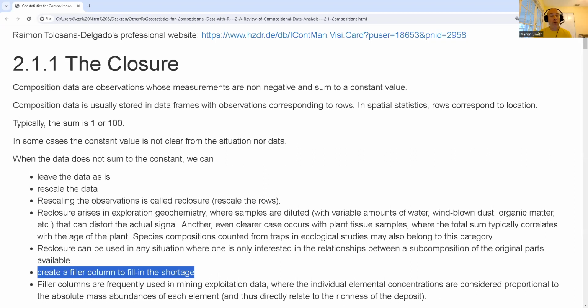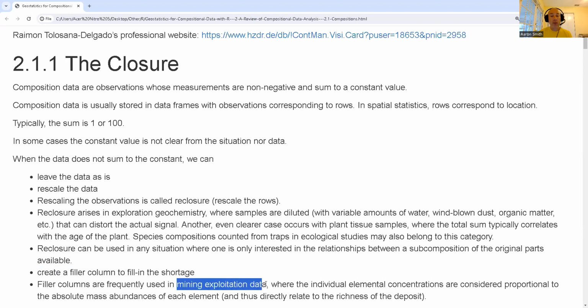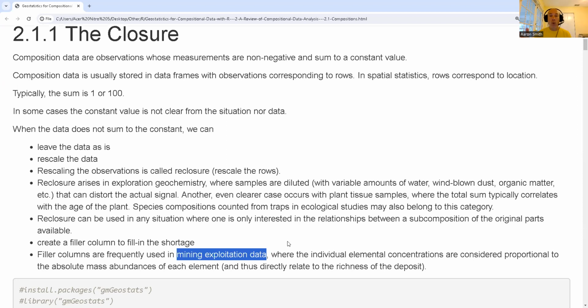Filler columns are frequently used in mining exploration data, where the individual element concentrations are considered proportional to the absolute mass of the abundance of each element. Our filler variable accounts for all other elements, all other matter that's not actually under consideration. So everything that we're not interested in is just thrown into that filler variable, and we leave it alone.